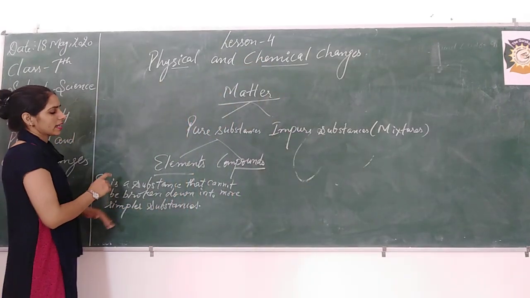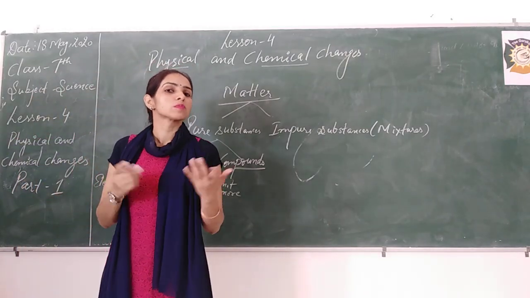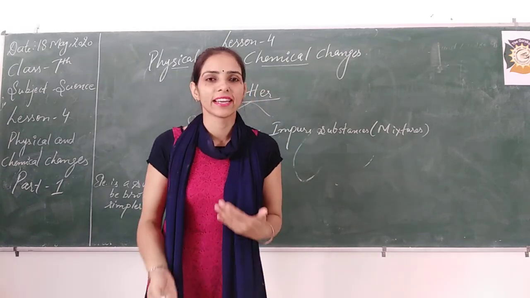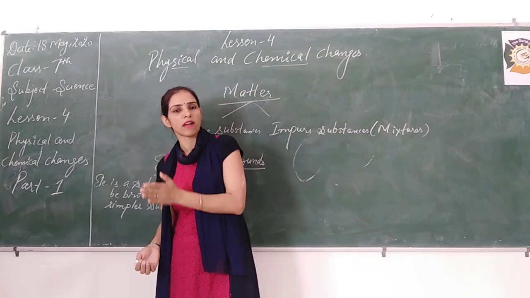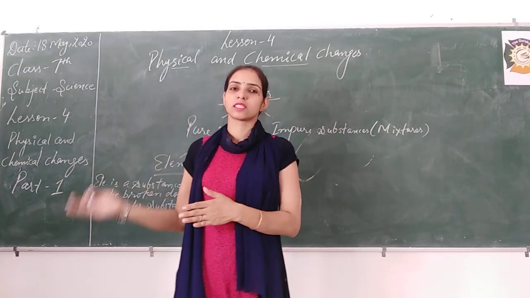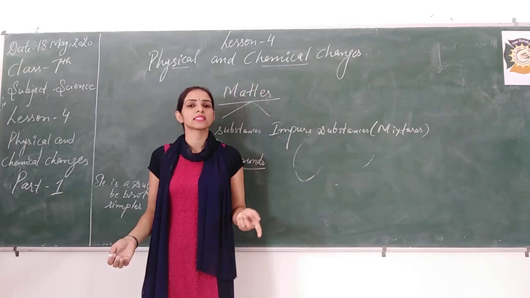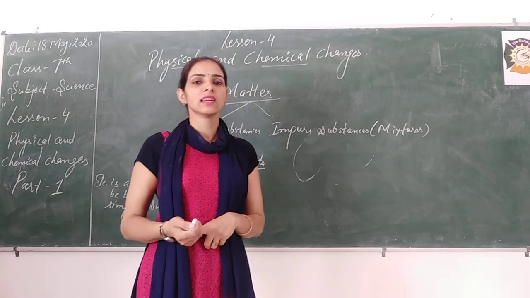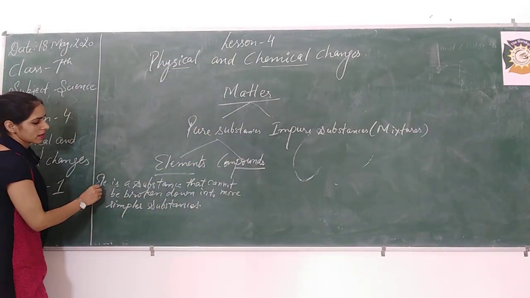So we will say it is, and you all know very well, atom is the smallest particle which cannot be further divided. That means since elements are made up of atoms, atom is the smallest particle. That is the reason that elements cannot be further divided into simpler substances, right?